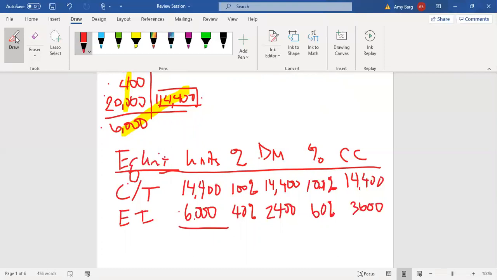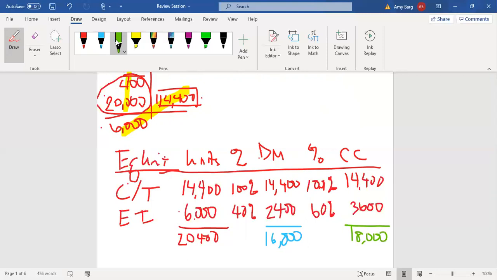So this number here is going to total to 20,400, as it should, right? 400 plus 20,000, 20,400. This over here for direct materials is going to total to 16,800. And this over here for conversion costs is going to total up to 18,000.